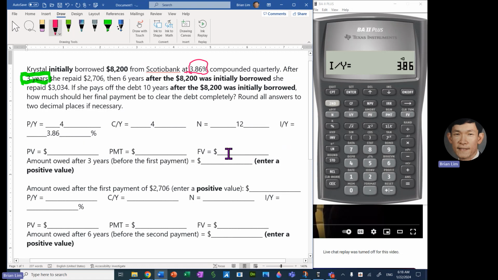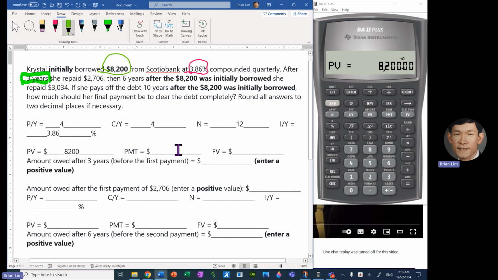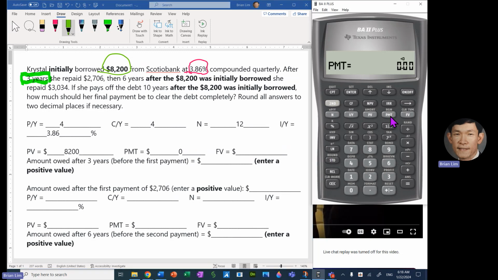Okay, so present value. Present value is actually this number right here, 8,200. So I can put that in, 8,200, and also input it into the calculator, 8,200 present value. Now payment is 0. Yes, we do that. That is compound interest, so payment is 0. I put 0 into payment.